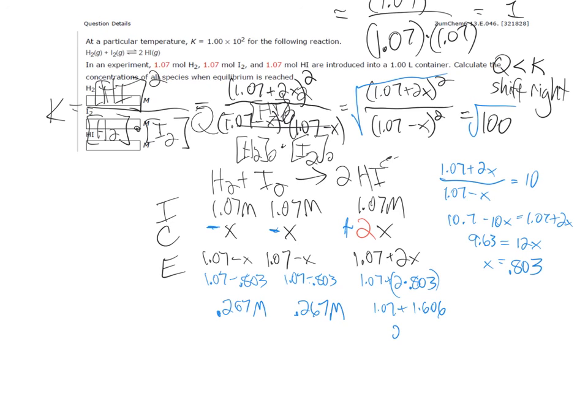And that works out to be 2.67 molar. So now we have the concentration at equilibrium of H2, of I2, and of HI. Notice that they're a factor of 10 apart. That's an interesting way that this problem worked out.